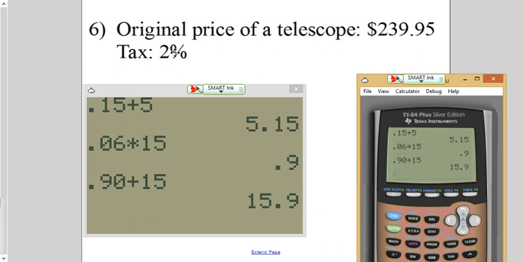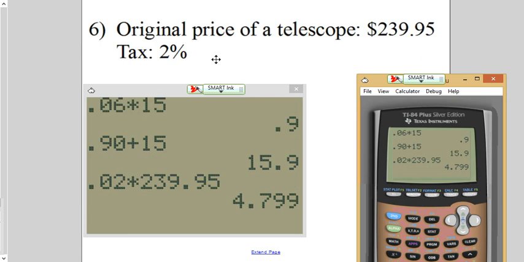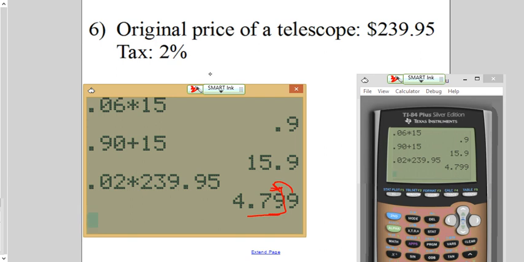How do we find 2% of $239.95? How do we find that tax? 0.02 times 239.95. So what does this round to right here? Well, this is where we want the money to cut off, so we're going to have to put a penny on top of that, and it's going to become $4.80.